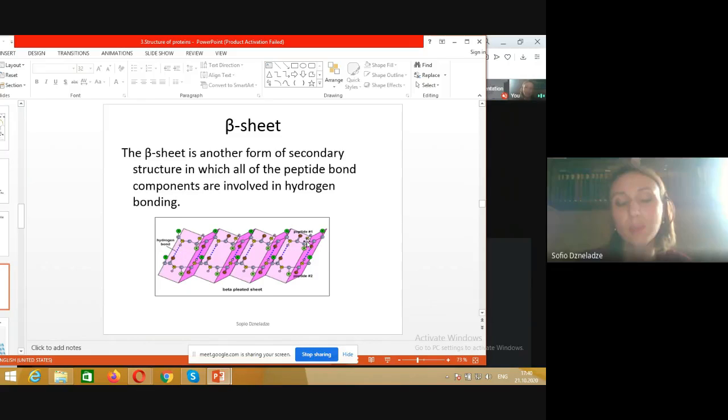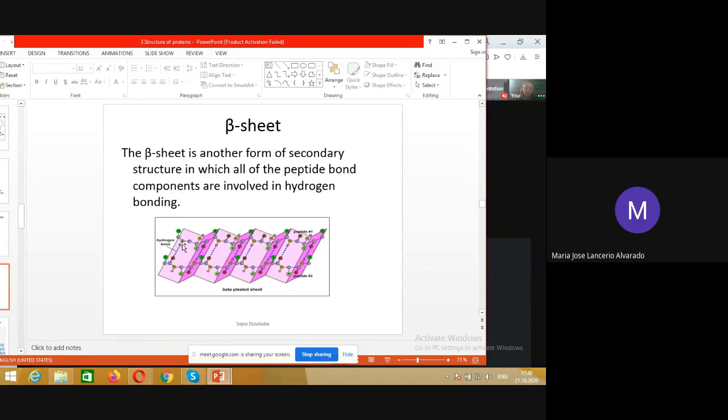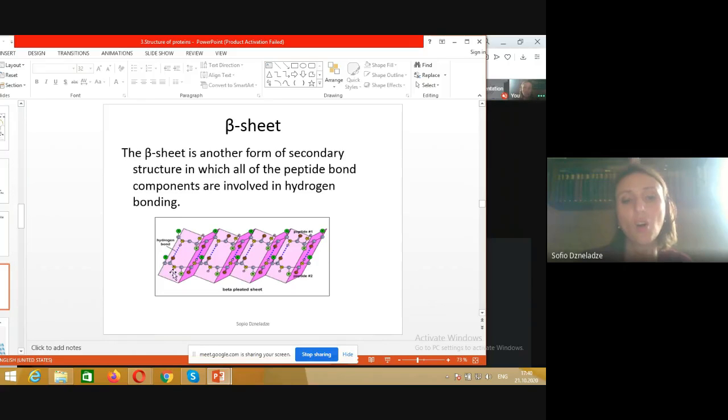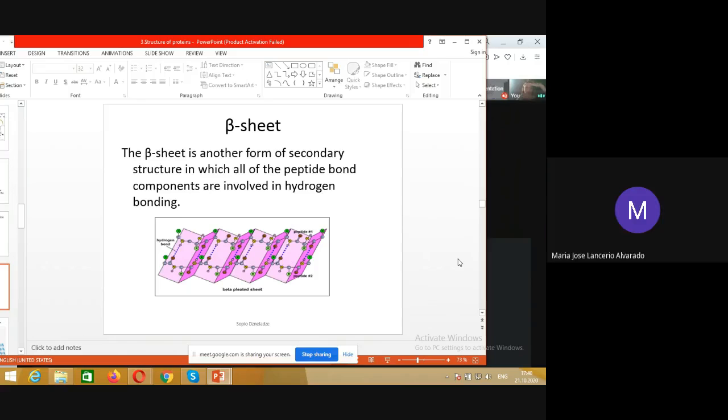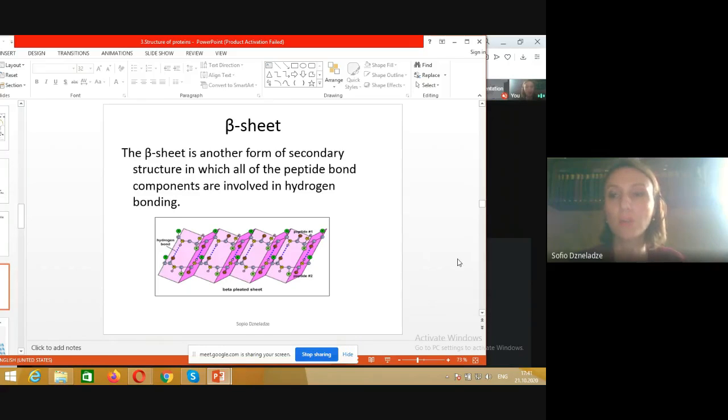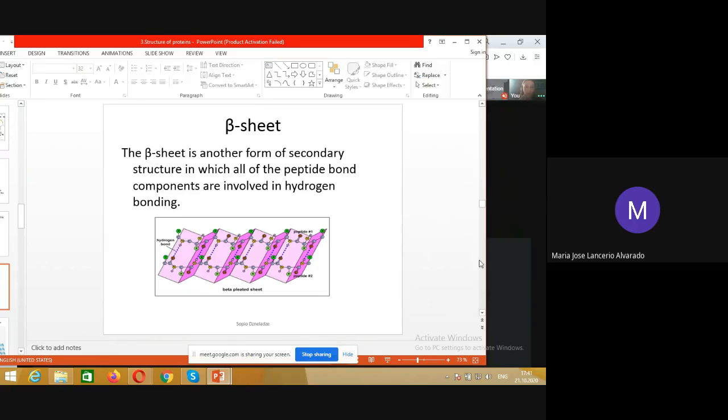It's just one polypeptide chain or two polypeptide chains, and these hydrogen bonds are perpendicular to this polypeptide backbone. Whereas in the first time when we talked about the alpha helix, these hydrogen bonds were parallel to these polypeptides. In this case, they are perpendicular.